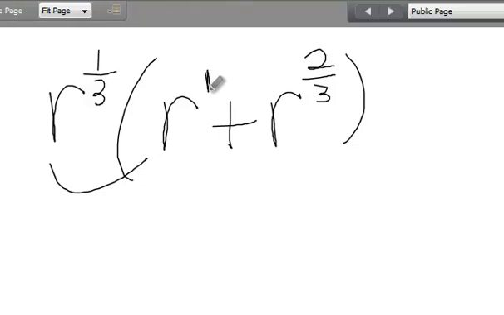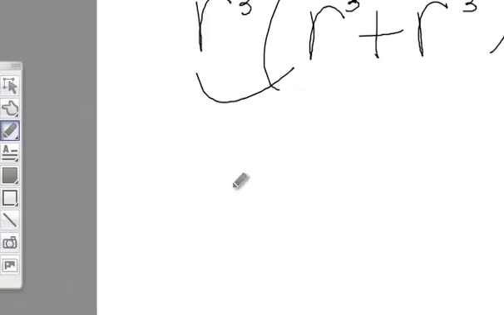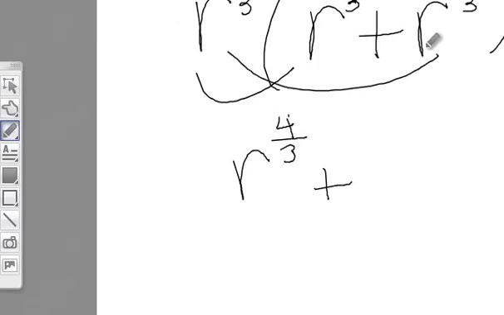You need to recognize that there's a 1 right here, and 1 is the same thing as 3/3. So if you add those, you get r to the 4/3. Plus, if you distribute this across here, adding those exponents, 1/3 plus 2/3 is r to the 3/3, or r to the first. Yet we don't need to write that one, you can just leave it like that.